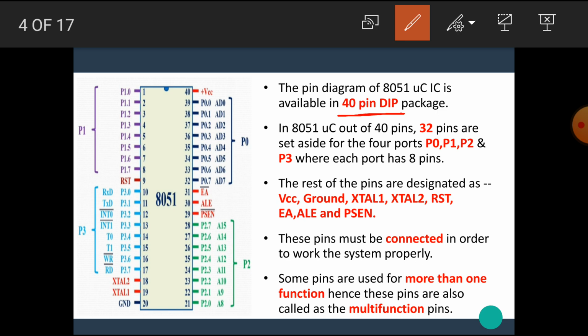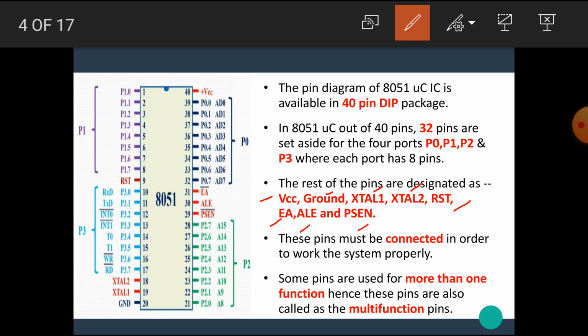In the 8051 microcontroller, out of these 40 pins, 32 pins are set aside for the 4 ports, port P0, P1, P2 and P3, where each port has 8 pins. The rest of the pins are designated as VCC, ground, XTAL1, XTAL2, RST, EA, ALE and PSEN.